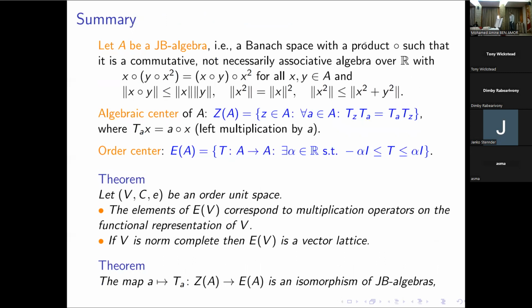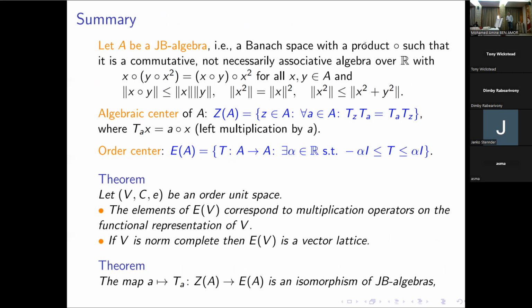Well, instead of this long story, I could also have shown you this slide. Here is everything. We look at the JB algebra. This is the definition again: a Banach space with a commutative product, not necessarily associative, with this relation and the inequalities. We have the algebraic center, defined by the elements that operate and commute with everything else.